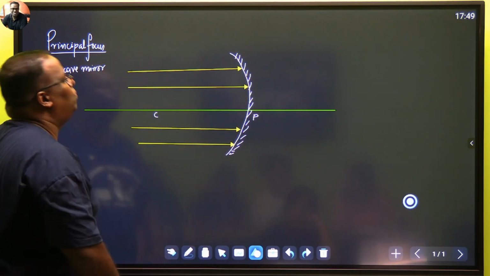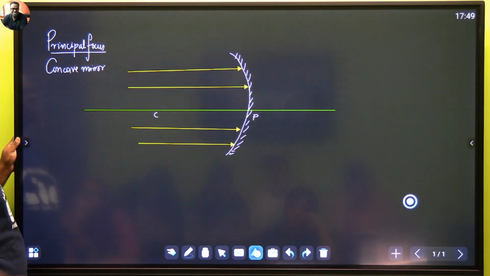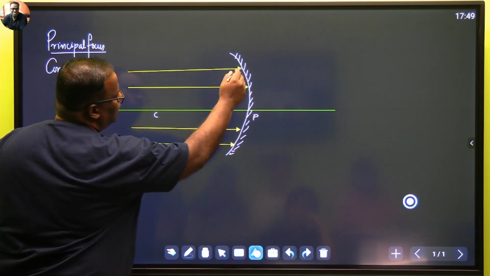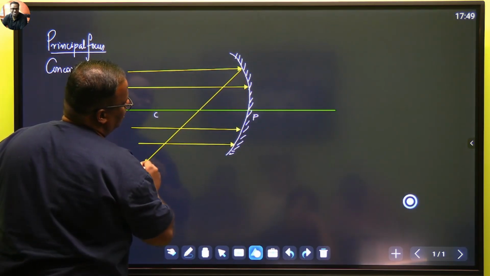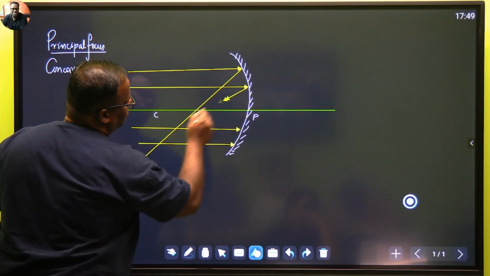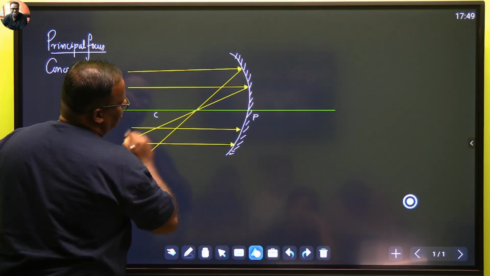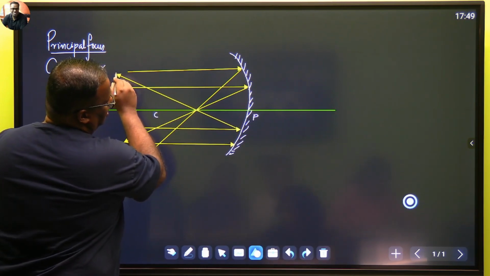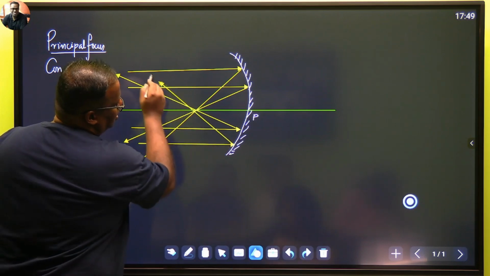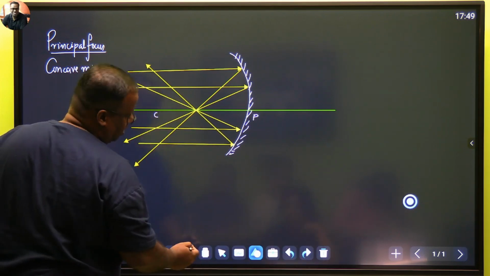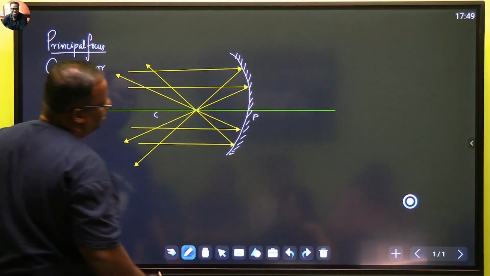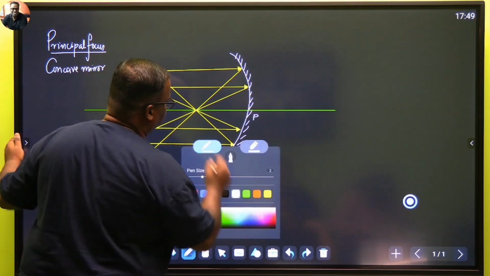This parallel beam of rays, when it hits a concave mirror, it will pass through one common point. The entire beam will pass through one common point, and this particular point is known as my principal focus.